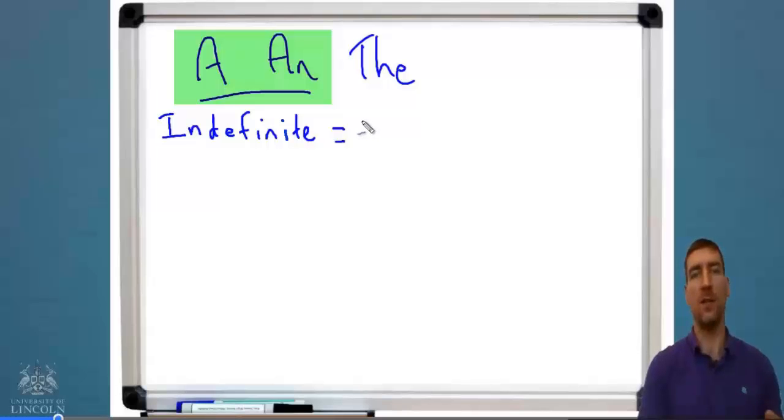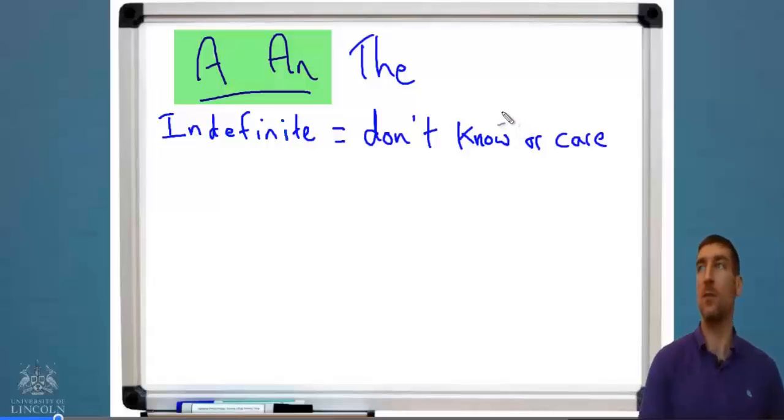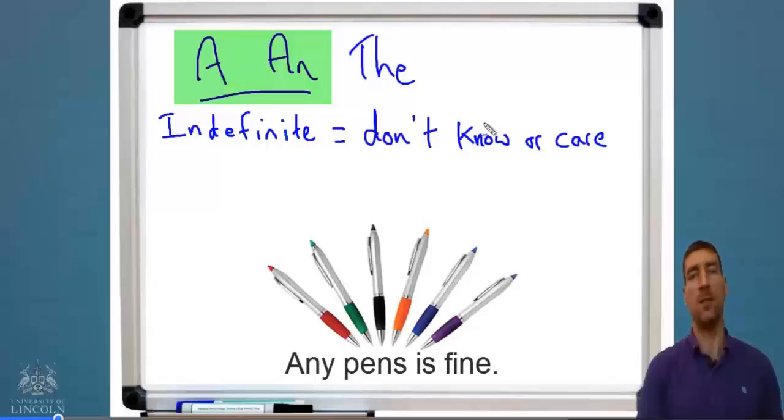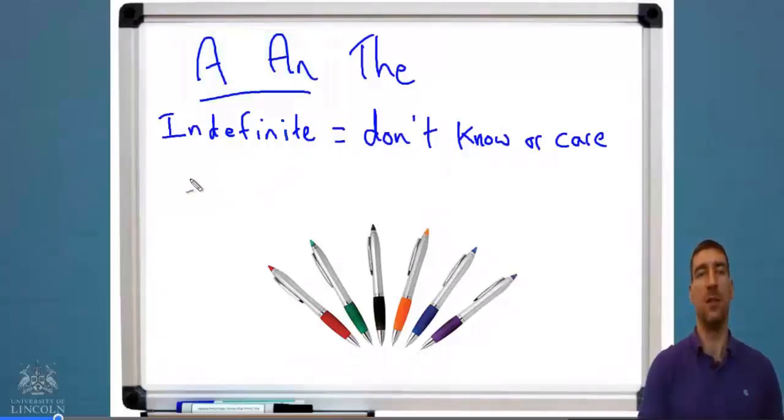So if they're in front of a noun, then in this case we don't know anything about the noun or which noun, or we don't care. Okay, so for example, if I asked you, can I have a pen? I'm not fussy, I'm not particular about which pen, just give me any pen, please. So it's an indefinite article.